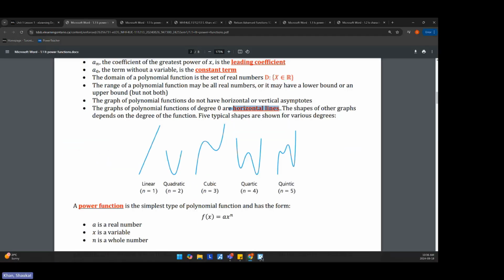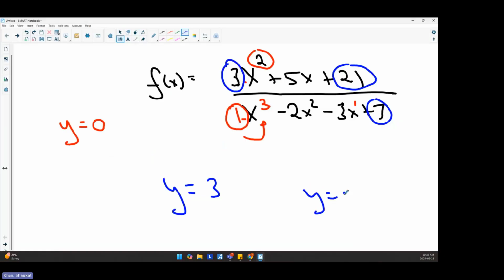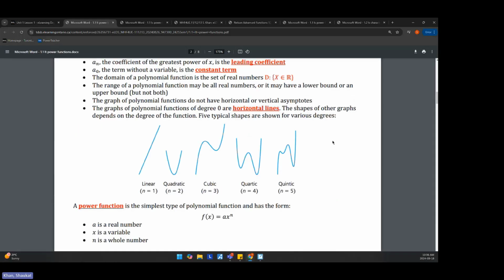That's all they're saying. Or another example, y equals 10, or y equals negative 10, or y equals 100 or 99. So whenever y is equal to just a constant term, that means the variable has an exponent of 0. And because that's just 1, we don't write 3 times 1. We just write the constant term. So those are all horizontal lines.